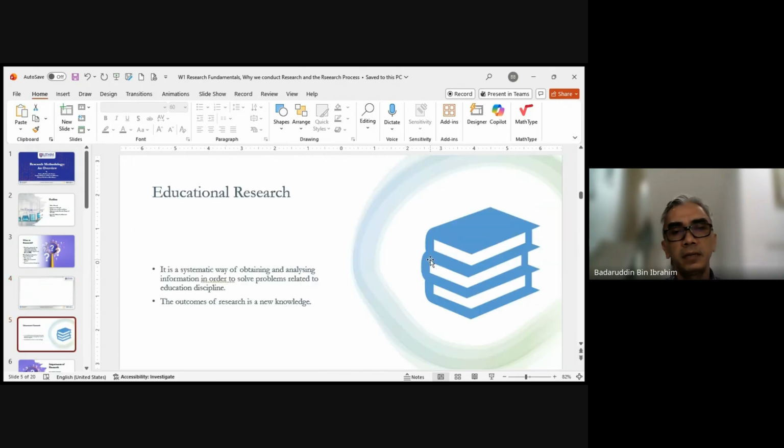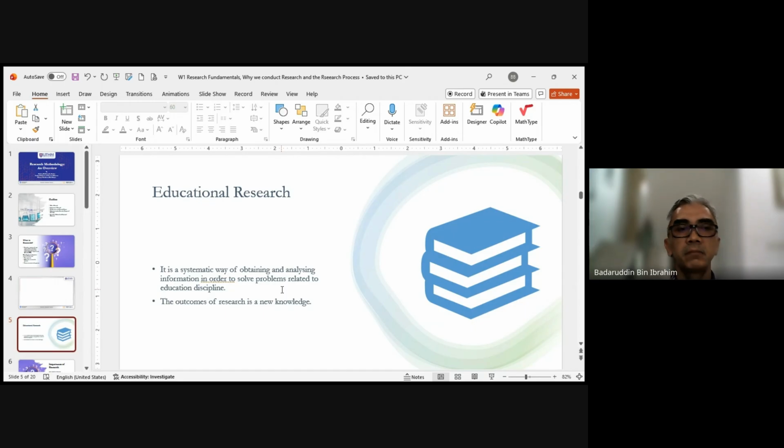Next, this is about educational research, which can also be reflected to social science research. It is the systematic way of obtaining and analyzing information in order to solve problems related to the education discipline. The outcome of research is new knowledge. The same goes for all social science research, or even science and technology research.